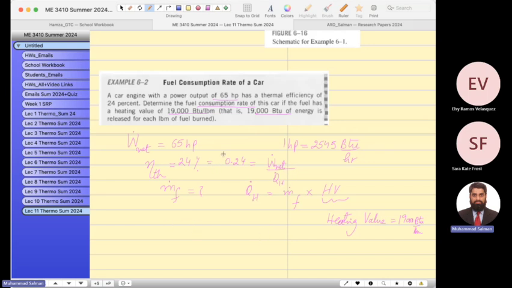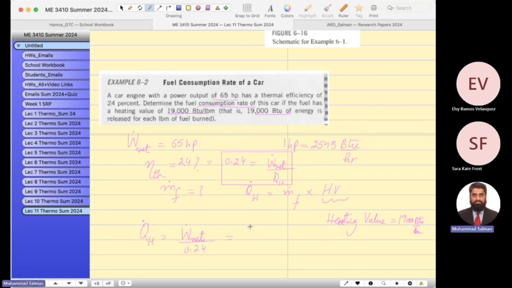So let's find out from this formula. I'm going to target this formula and find out what is my Q dot H. So can I write down Q dot H equals W dot net divided by 0.24.